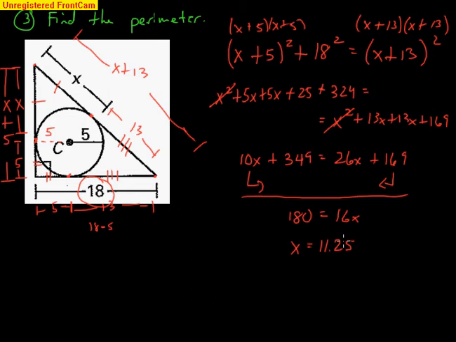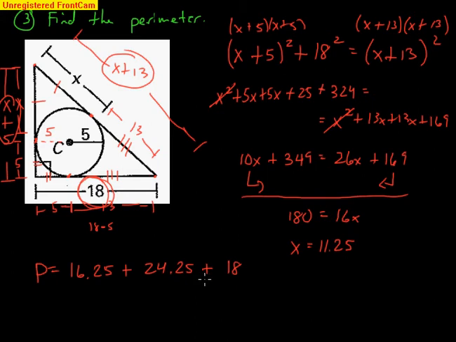So now to find the perimeter, I need these three sides: x plus 5, x plus 13, and I know that's 18. Well, the perimeter, x plus 5, that's 16.25, plus x plus 13, which is 24.25, plus the 18 right here.